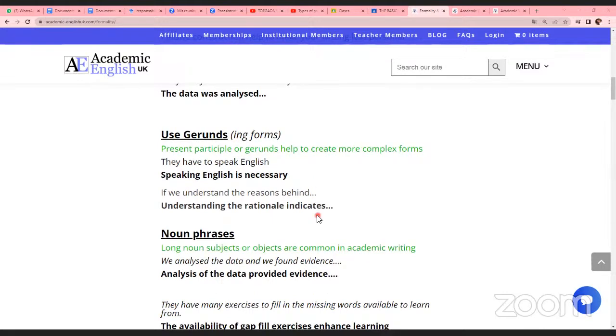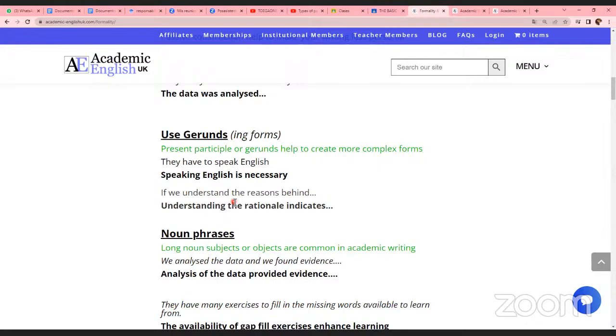For example, if we understand the reasons behind, I'm gonna take this word and convert it into the ing form. Understanding, right?